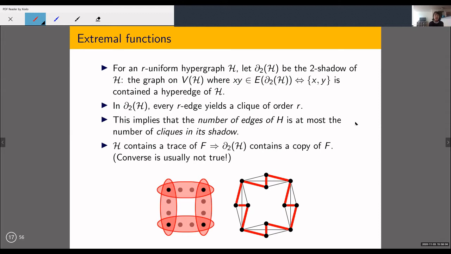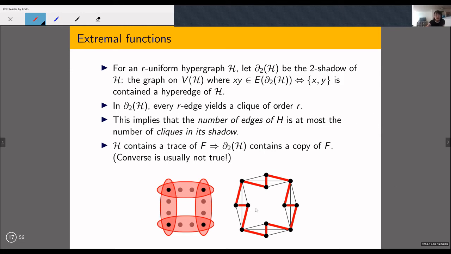And this implies that the number of edges of our hypergraph is at most the number of cliques of size r in its shadow. And we get the nice property that if our hypergraph originally contained a trace of F, that means our shadow is going to contain a copy of the graph F. But the converse is not always true.